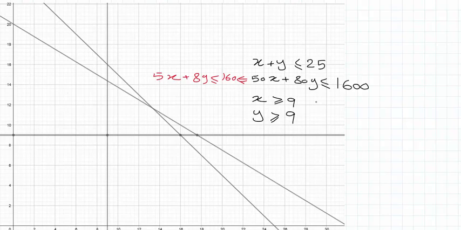Now, x equal to 9 is this straight vertical line, and y equal to 9 is this horizontal line. Where x is more than 9, that is on this side.